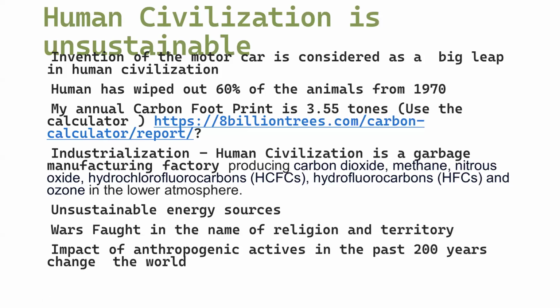If your car is running on petrol, 1 liter of petrol is required to run 10 kilometers. So 1 liter, when it is burnt, will produce carbon dioxide plus water vapor. It combines with atmospheric oxygen, and if a liter of petrol is 900 grams, it will produce carbon dioxide plus water, about 2.5 kilograms.